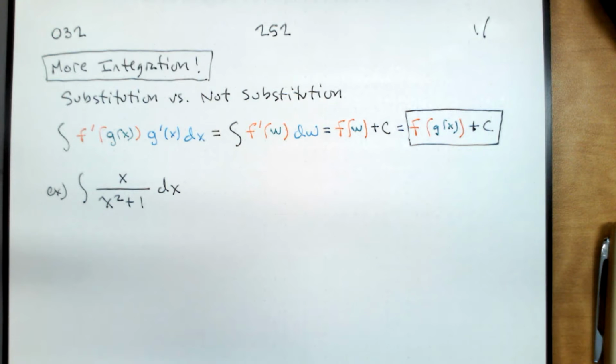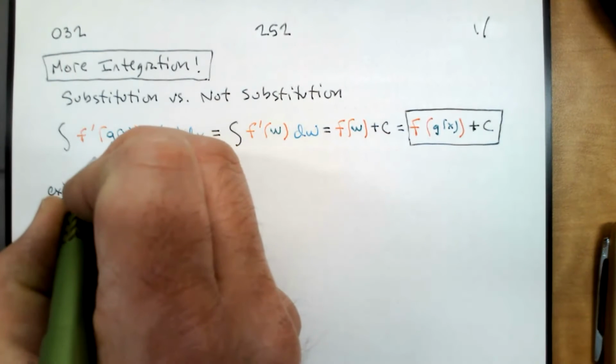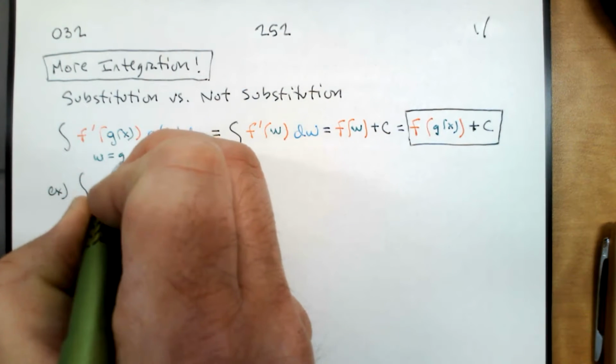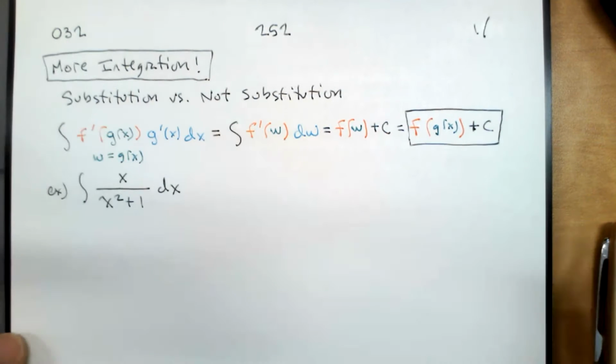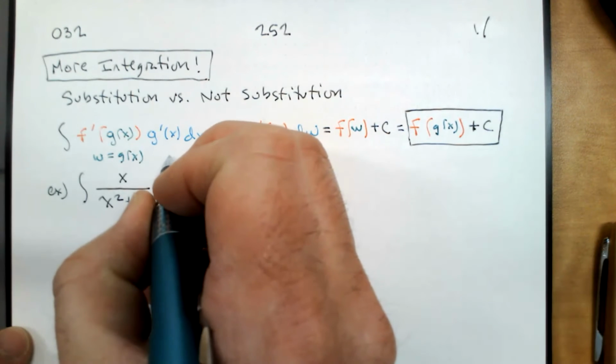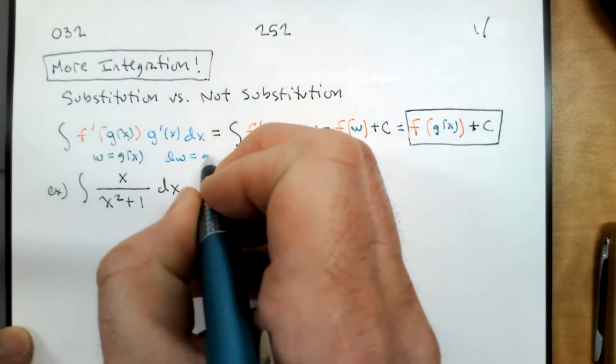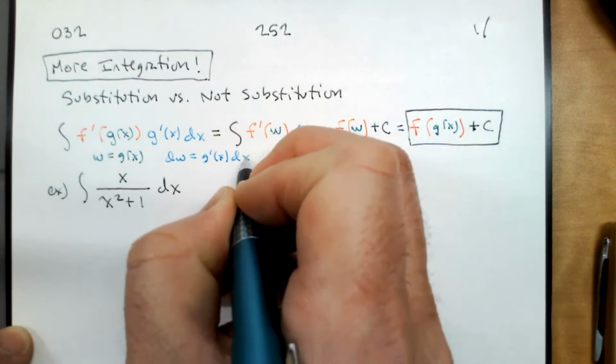The dw, whatever it's going to be, can only be included as a factor. It can't be sitting inside some other function. It has to be its own factor. So g of x is our inside. g prime of x dx is the derivative of the inside as a factor. So we're going to make the substitution w is equal to g of x. That means dw equals g prime of x dx.